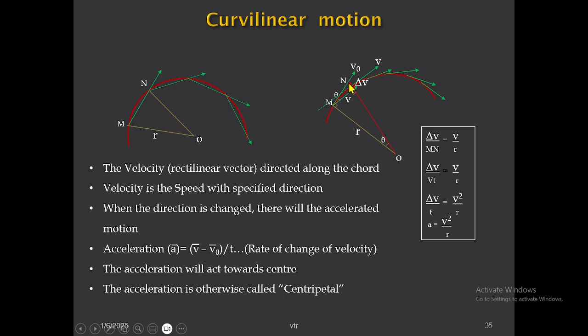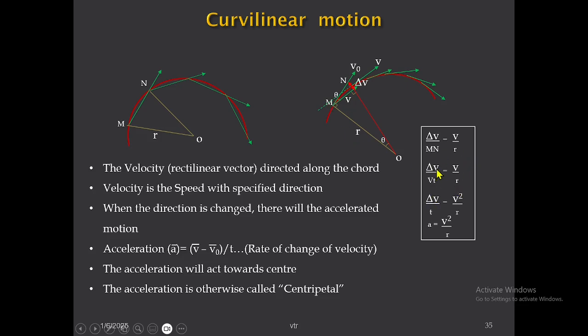For MN, this is the change in velocity. MN can otherwise be written as velocity into time, since the velocity multiplied by the time taken is the distance traveled. So delta V by Vt equals V by R, from the triangle we have taken. Delta V by MN equals V by R.